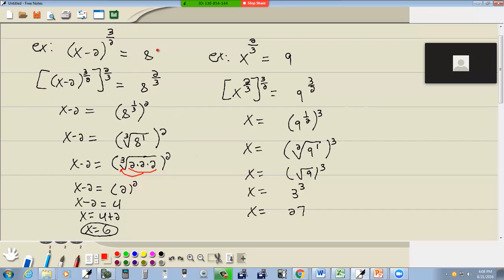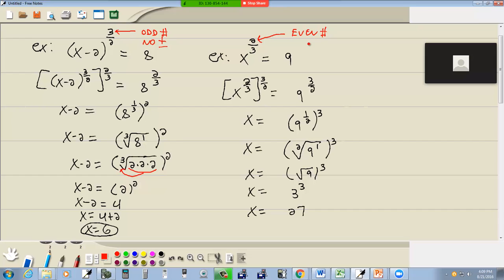And I like to do both these examples to demonstrate the difference. Now here, before we raise both sides to a power, the number up on top is odd. When you have an odd number up on top, that means that there's no plus or minus. But in our second example, we have an even number on top.